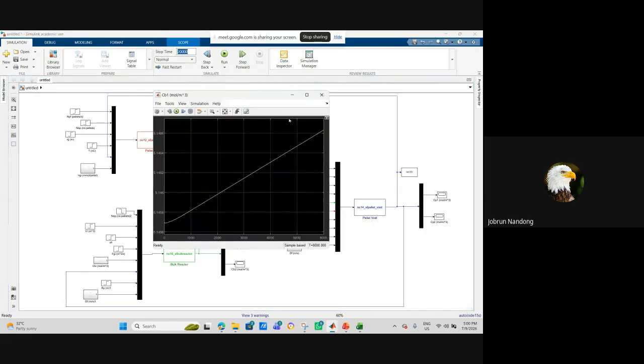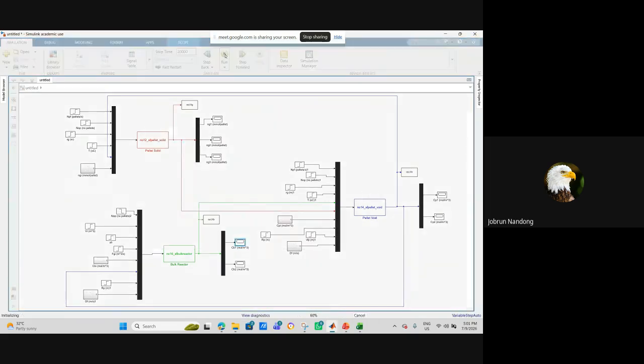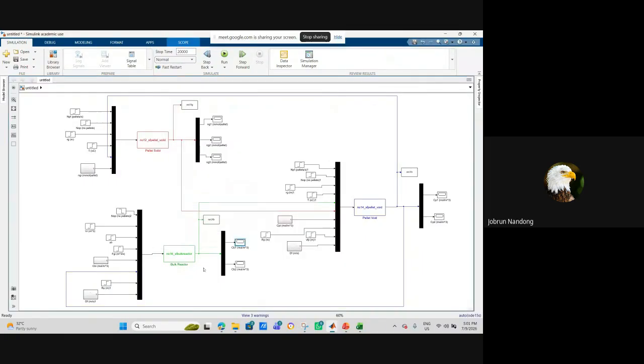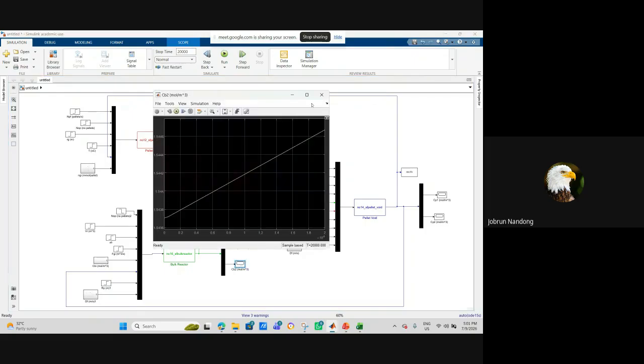Yeah. So this one appears to keep increasing here. Not yet, we need to run it first. So this one is a very slow drift. Okay, so increasing.